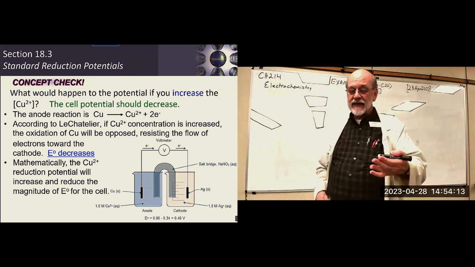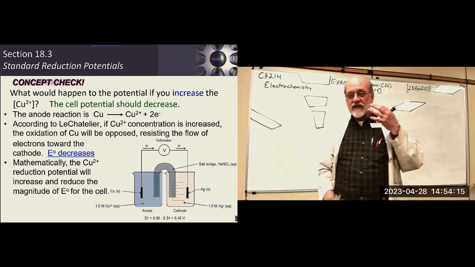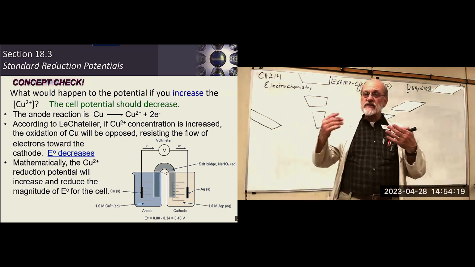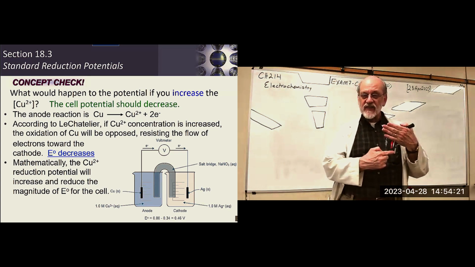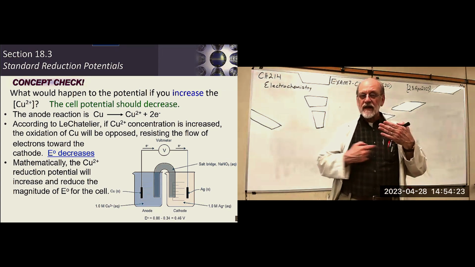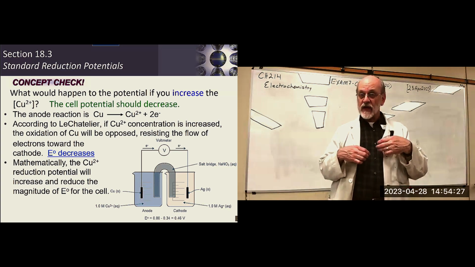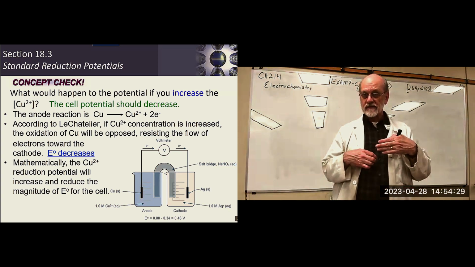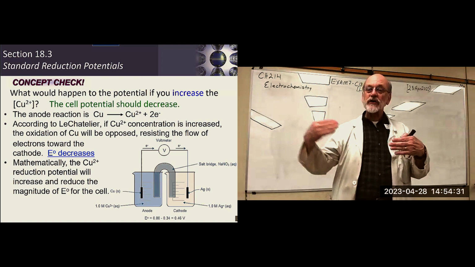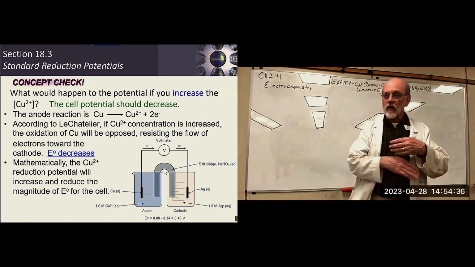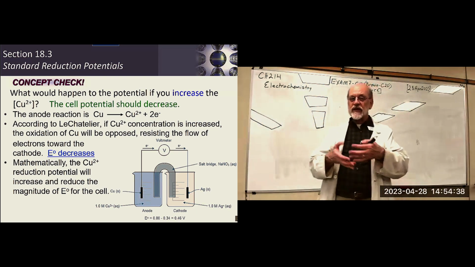Think of Le Chatelier. If we increase the copper 2 plus ion concentration, it's going to try to force the reaction back to the left. And what would that do? That would reduce the cell potential, right? Because it would work contrary to the oxidation step. So overall, we would reduce the cell potential.